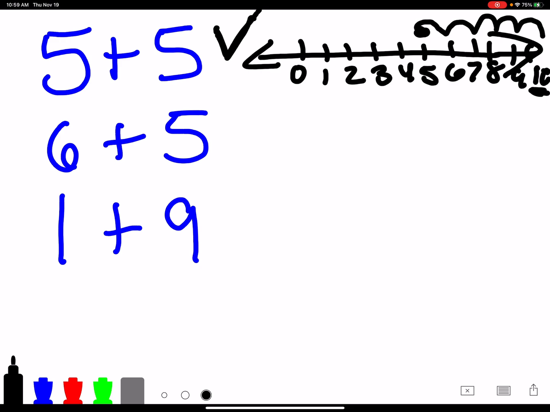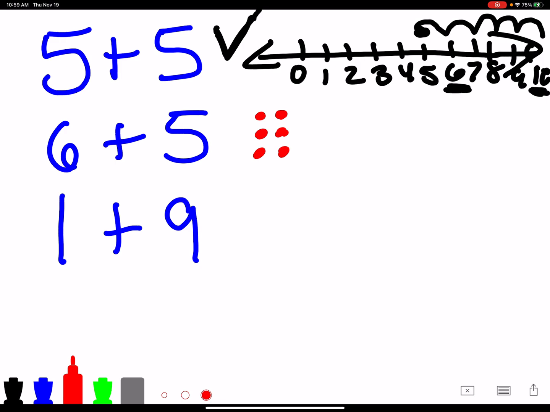Now for the next equation, we have 6 plus 5. Now 6 is greater than 5. It's most likely going to be higher than 10 because 6 is greater than 5. But let's double check our work just to know. So for 6, we have 1, 2, 3, 4, 5, 6.